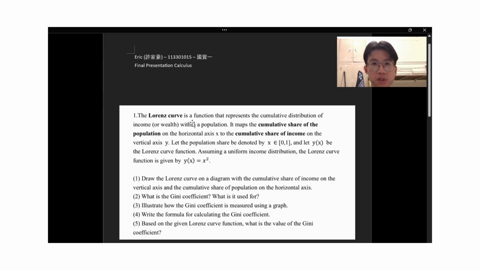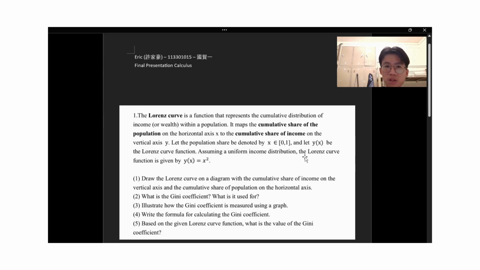First, the Lorentz curve is a function that represents the cumulative distribution of the income or the wealth within a population. It maps the cumulative share of the population on the horizontal axis X with the cumulative share of income on the vertical axis Y. Let the population share be denoted by x in 0 to 1 and y to be a Lorentz curve function.